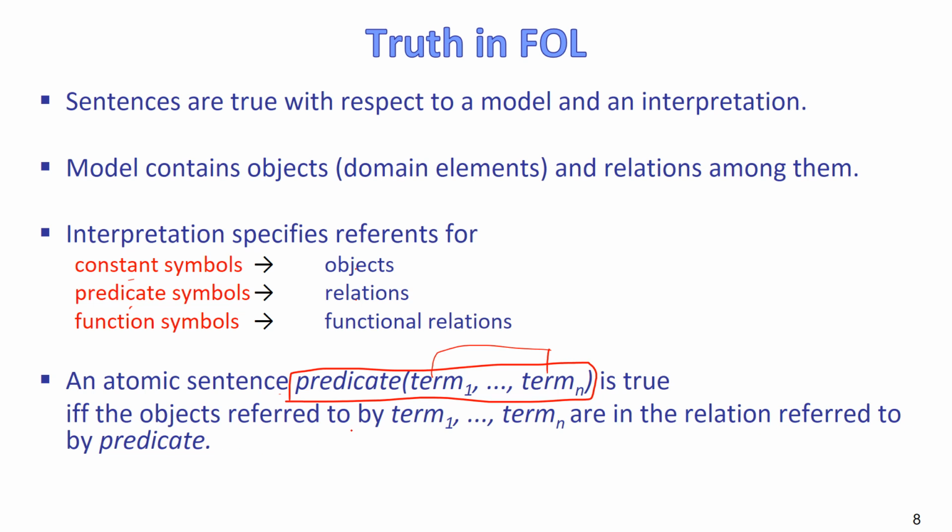That is, it is true if it is semantically true. It depends on the interpretation, and on whether these terms actually have this kind of relation between them or not. So it's not just by the syntax; we need to check the semantics of the elements of the language.